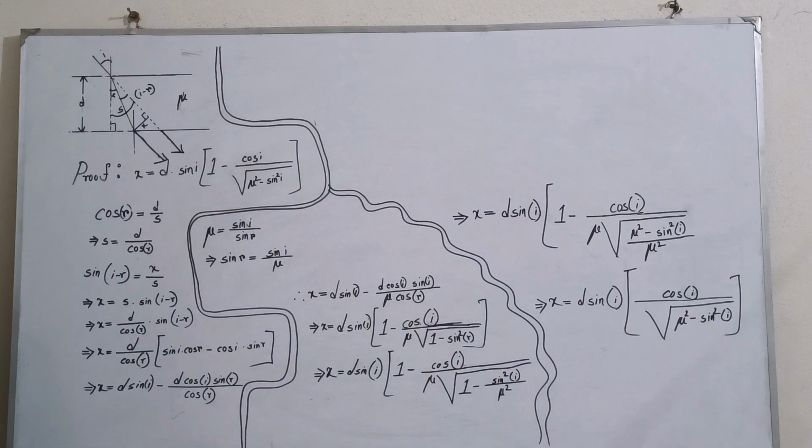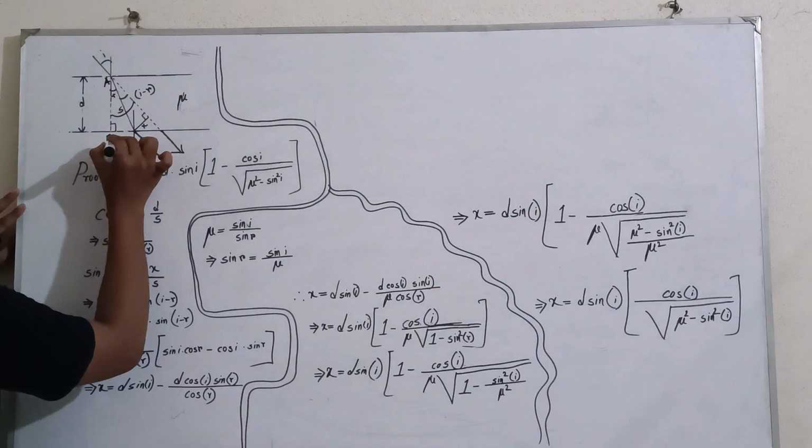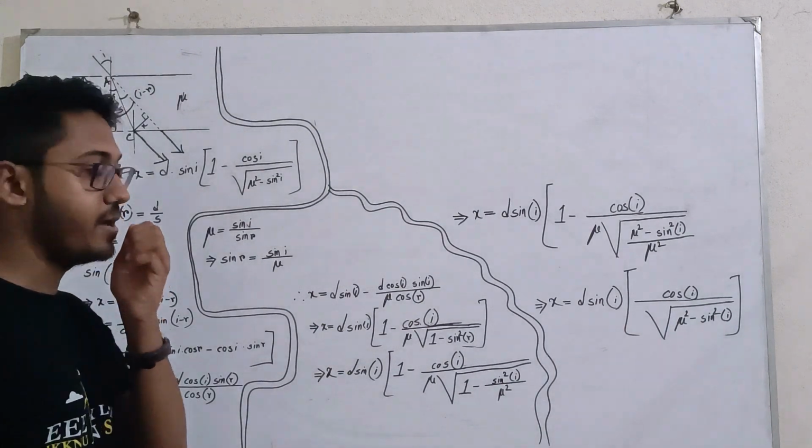So for the solution, if I take the triangle ABC, and in triangle ABC, we take the cos ratio of the refractive angle, cos R. We know cos theta is equal to adjacent side by hypotenuse.